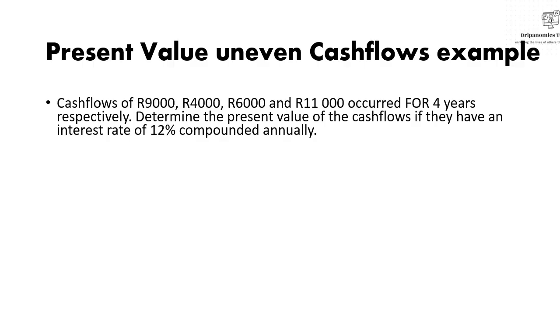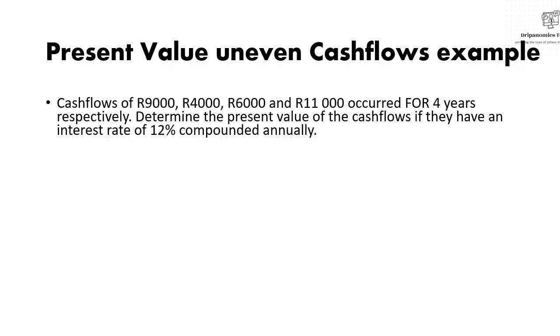Now, on your calculator, first thing you will do, you enter that interest rate, 12, and then I/YR. Simple, right? Now it gets complicated when it gets to this part. You have these cash flows for 4 years, year 1, year 2, year 3, year 4. But on your calculator, you would enter them as CFJ.